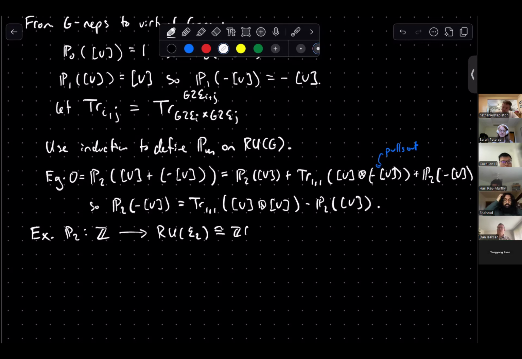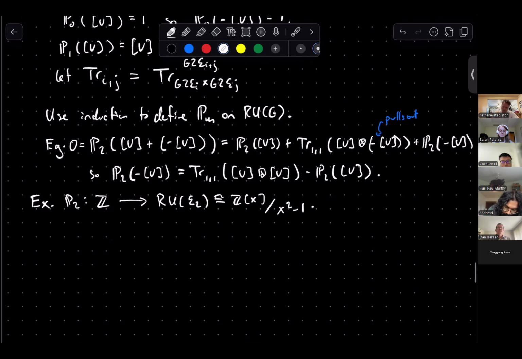So this is Z adjoin X mod X squared minus 1. I'm going to tell you what the formula is, and you should have fun trying to figure out why this is the case yourself if you've never done this before. The formula is that an integer k goes to (k squared plus k) divided by 2, plus (k squared minus k) divided by 2 times x.